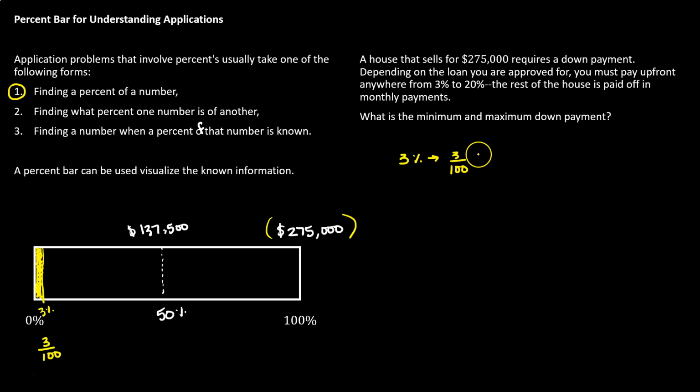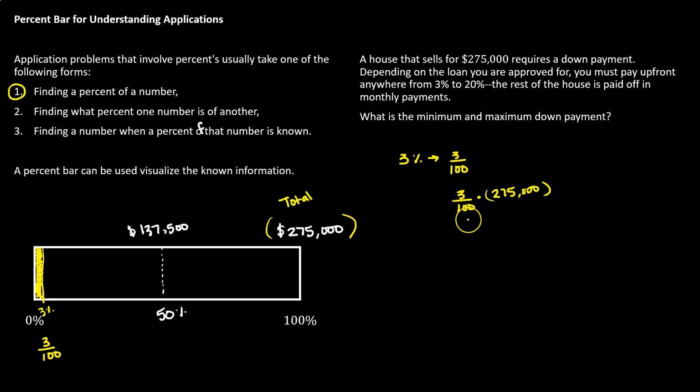When I say whole, I don't mean whole like 0, 1, 2, 3, 4. I mean total number, so the total. We're trying to find a percent of that total. So 3%, first thing we do is write it into a fraction form, and then from there we multiply that fraction to the total of the house.